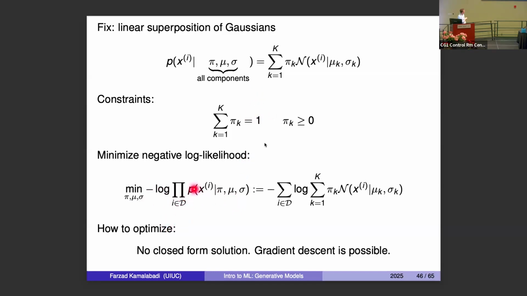So everything that you see here, the product going to negative log, this sum, is identical to the past, except that this function now is itself the sum of Gaussians. So now I have a sum and another sum inside of it. Sum of log of a sum. Okay, this does not have an analytical solution for the optimization problem.